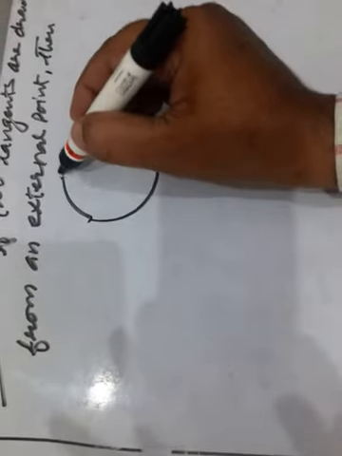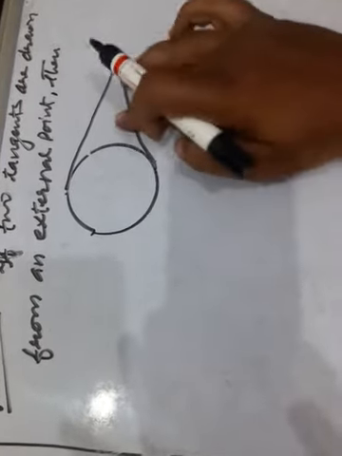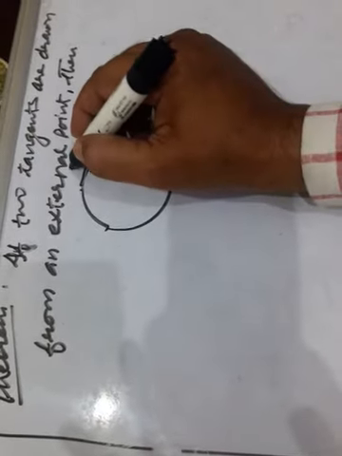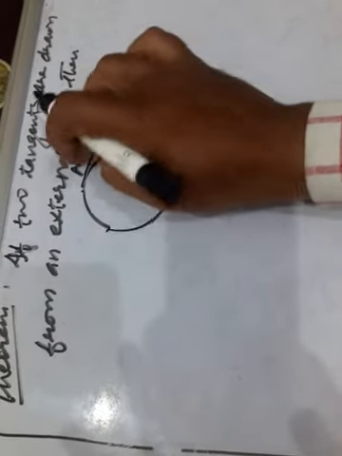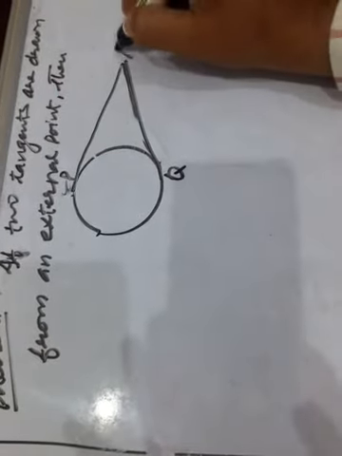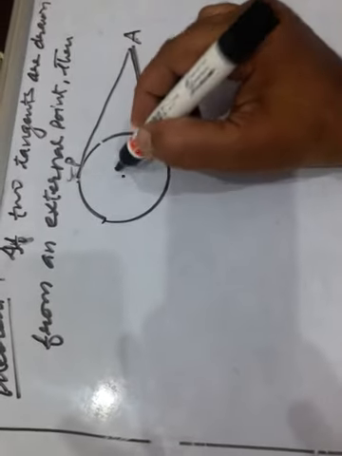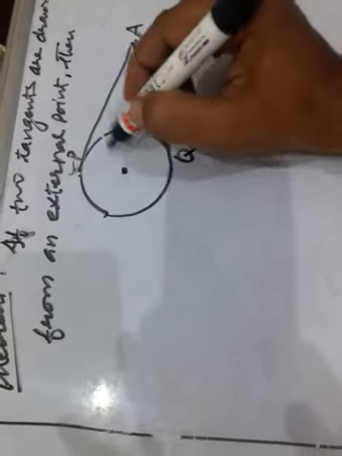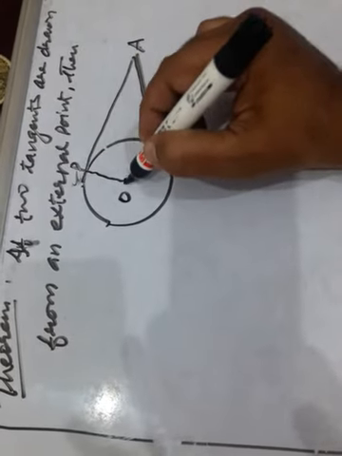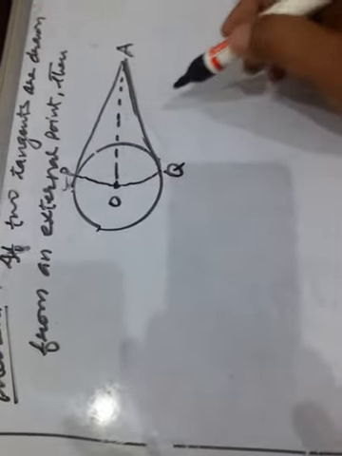Now this is the point of contact, and here also this is the point of contact. Clear? This is P, this is Q, and this is A. This is a circle with center O. The same figure we have drawn once again, children.